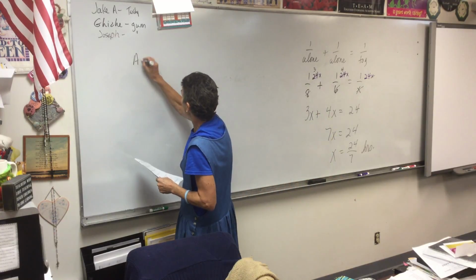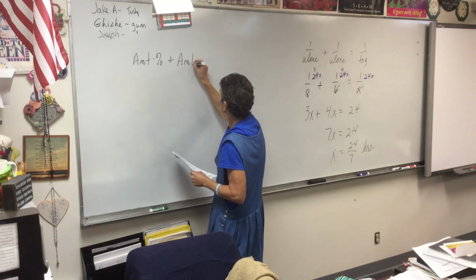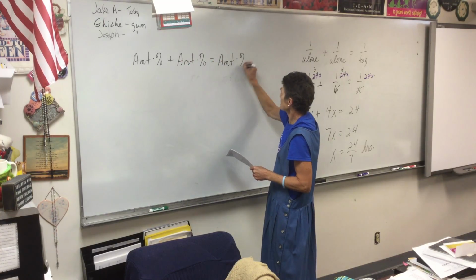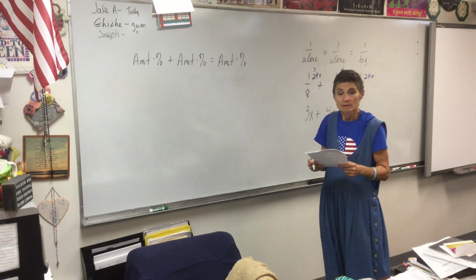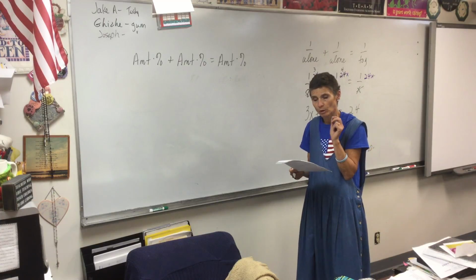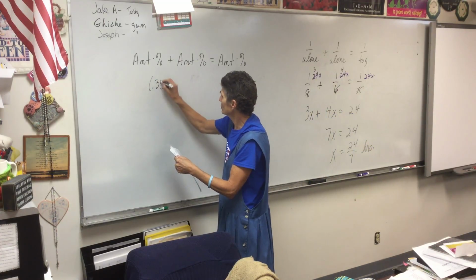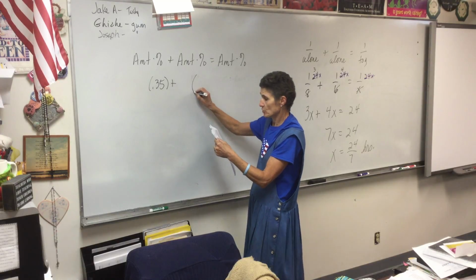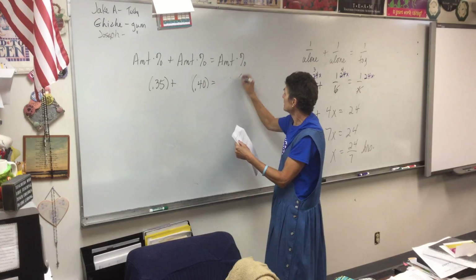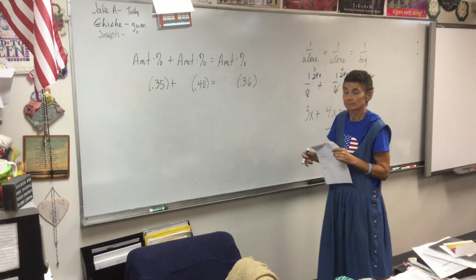So we're going to do amount times percent plus amount times percent equals amount times percent. So here we go. You've already done a couple of these. You've done lots before. You know what you need to do. We're going to have a 35% solution mixed with a 40% solution to end up with a 36% solution.